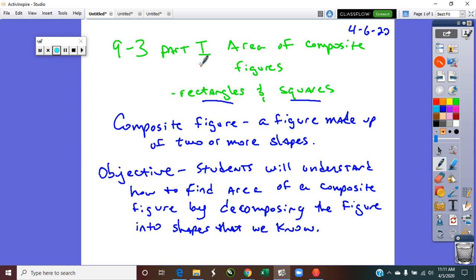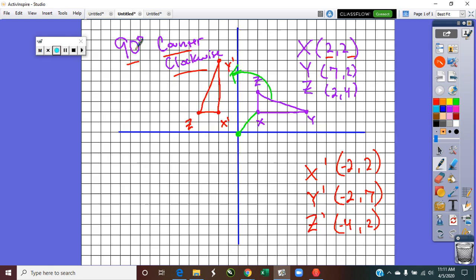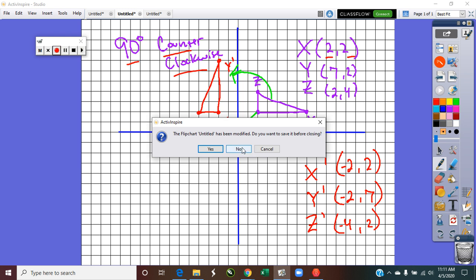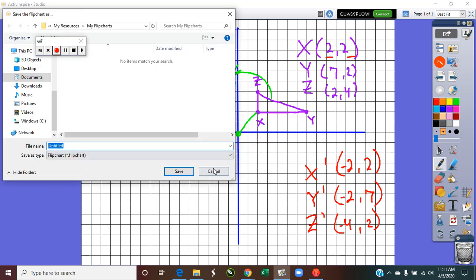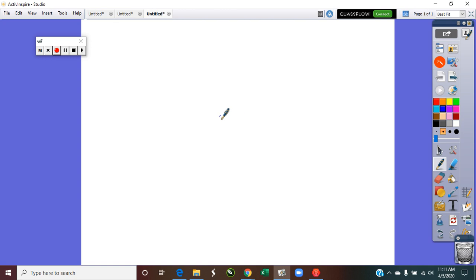So basically, these are composed of rectangles and squares. Do you remember how to find the area of a rectangle? Of course you do. For rectangles and squares, area equals base times height.